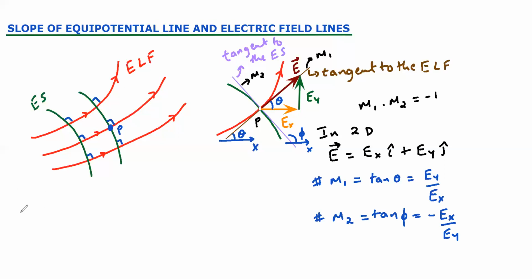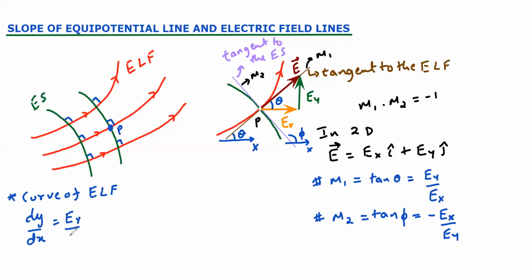If I want to find the curve of the electric field line, or basically the equation of the electric field line, you can see that dy by dx for the electric field line is going to be equal to what?